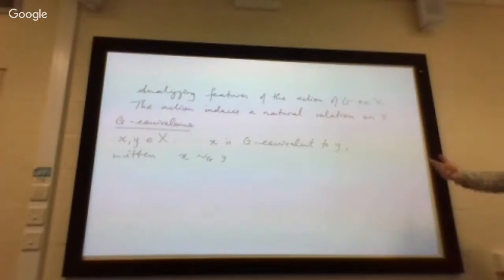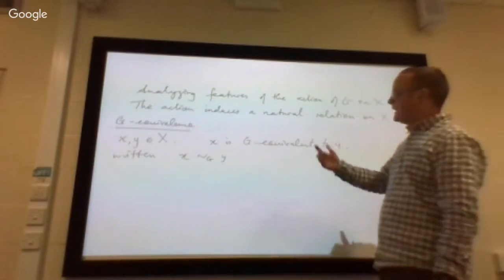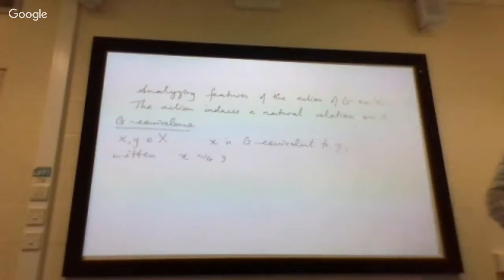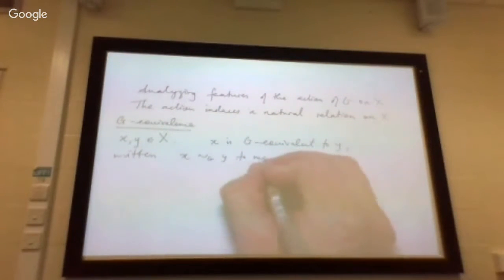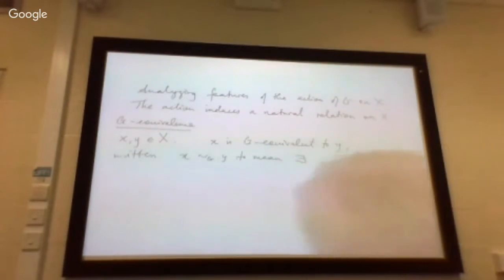We will use this concept a lot, though. So x is G equivalent to y. What does that mean? Just want to make sure I set it up carefully. So we write x is G equivalent to y to mean that there exists an element g in G such that gx is equal to y.